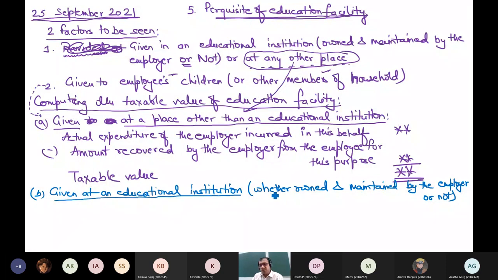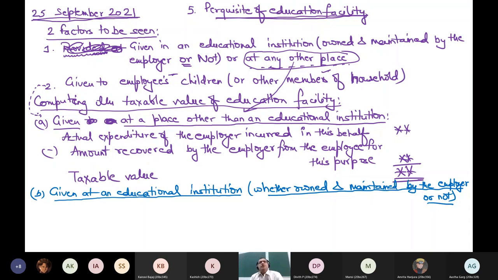Then can you think logically? What should be the taxable value? Any answer? If you think logically, what should be the taxable value? So that means it is a little bit technical.